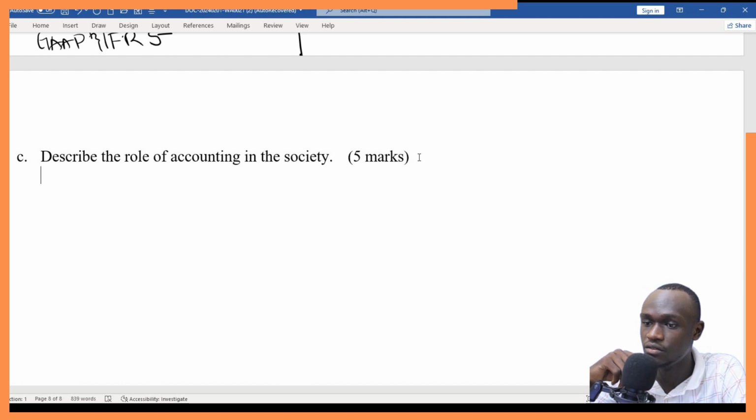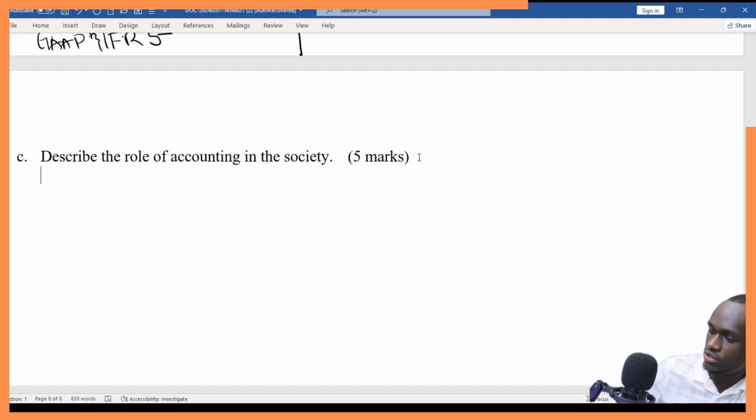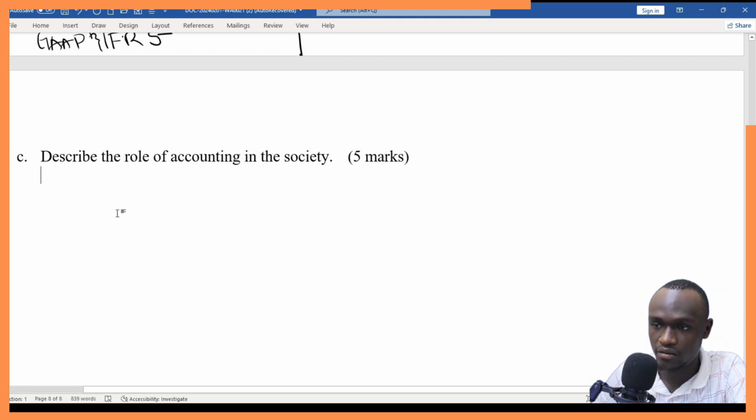It provides knowledge needed to manage financial resources effectively, and we can say that accounting also ensures financial transactions are conducted accurately and in a transparent way.